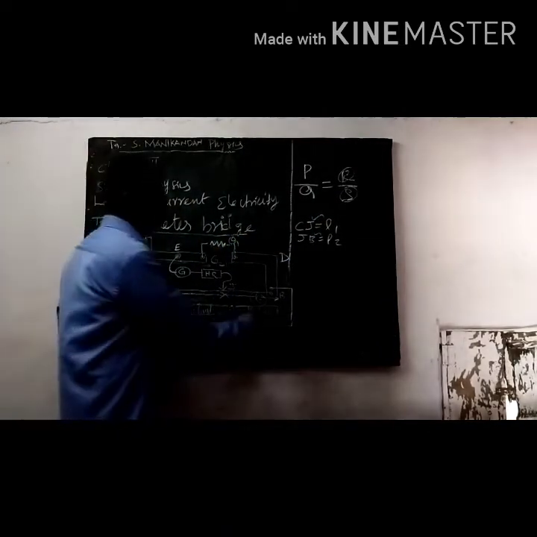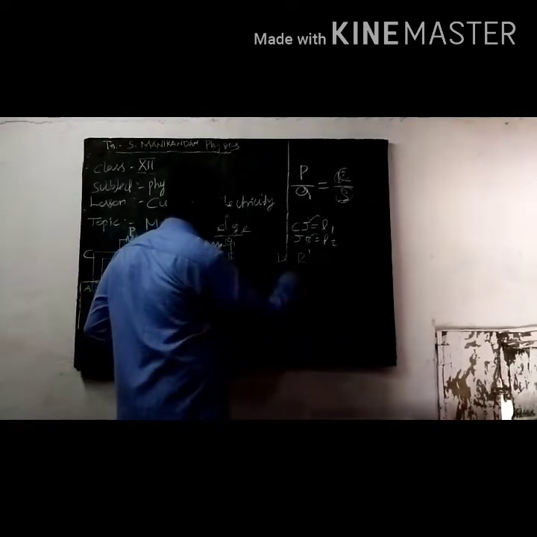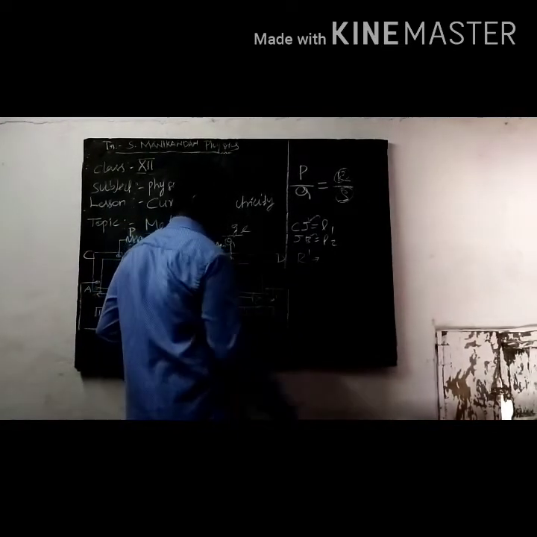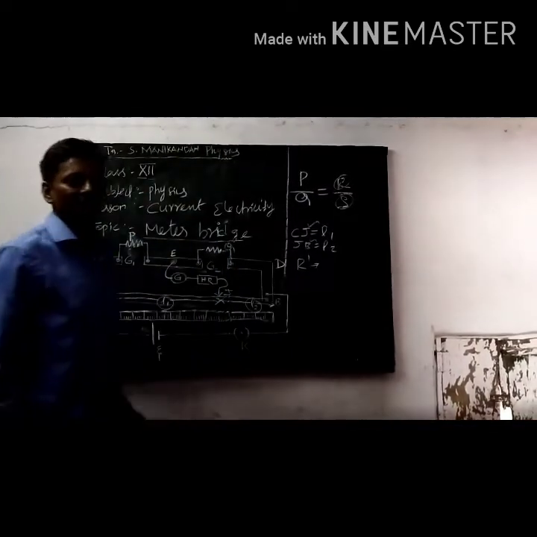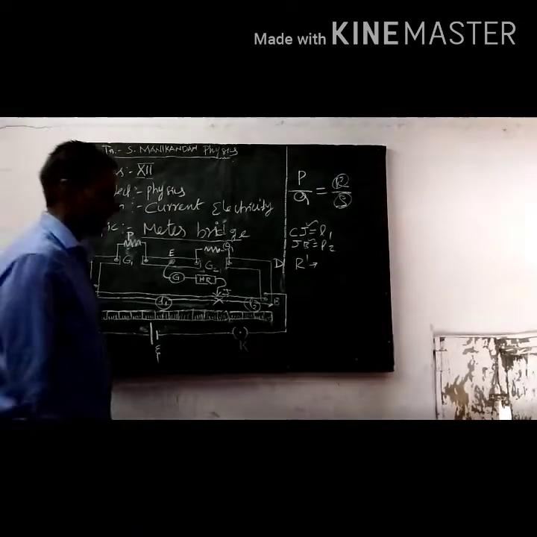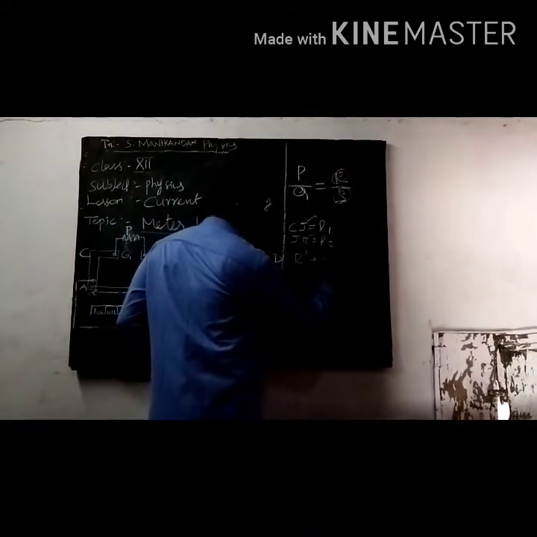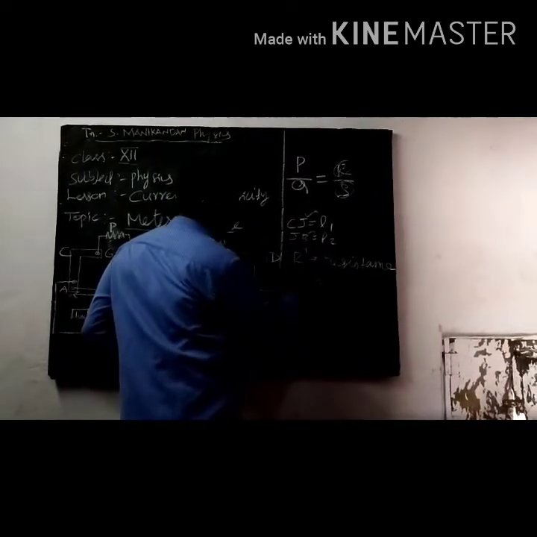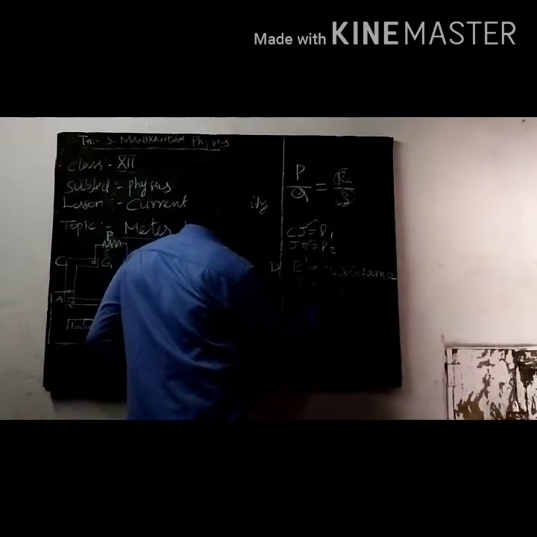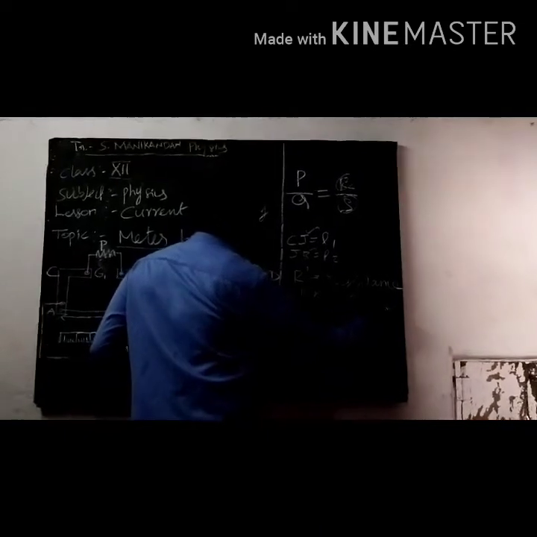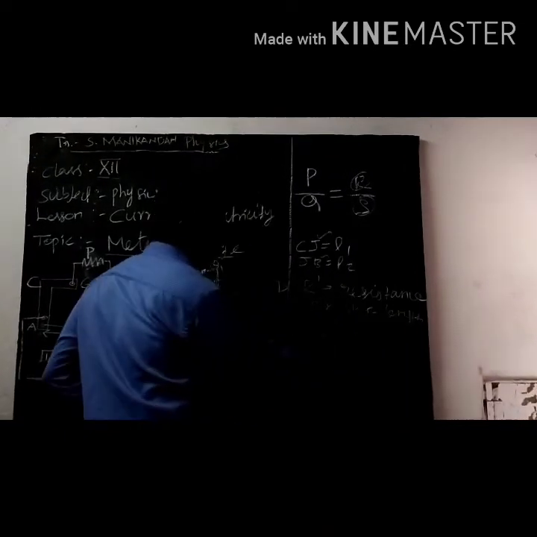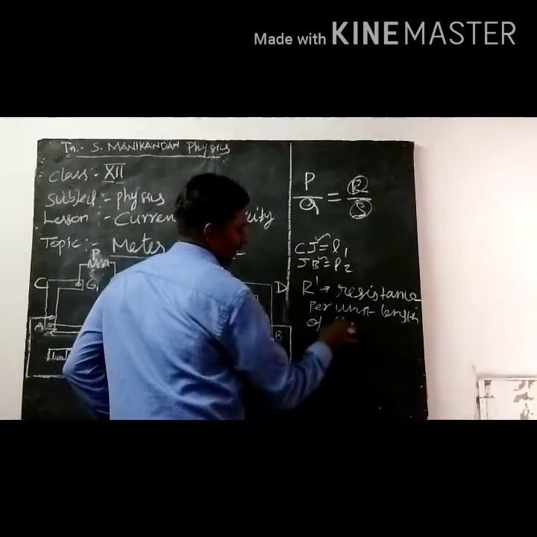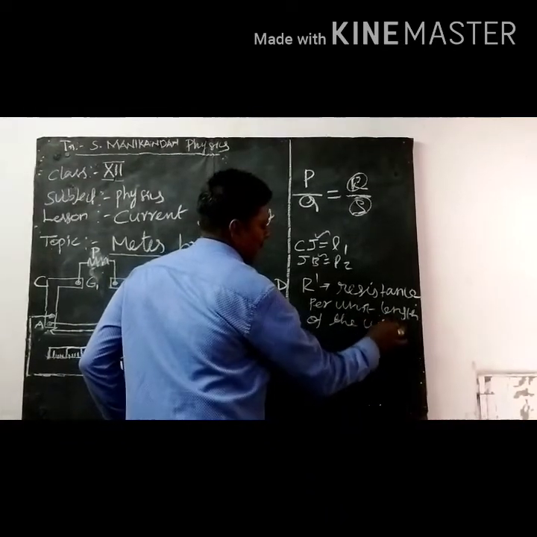Before that, we will find out R dash. R dash means resistance per unit length of the wire.